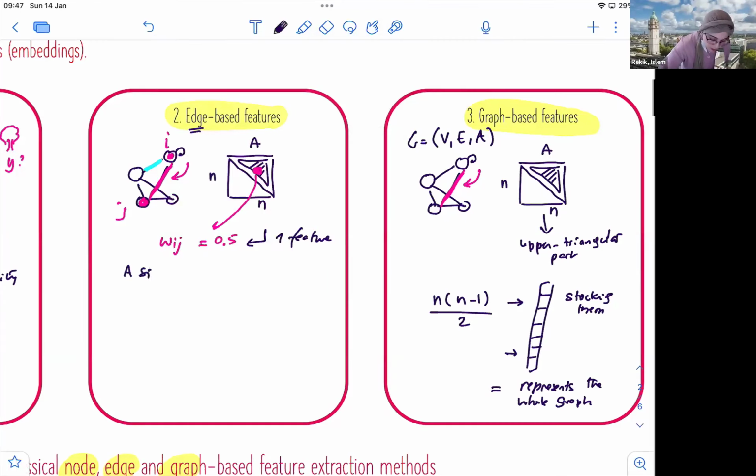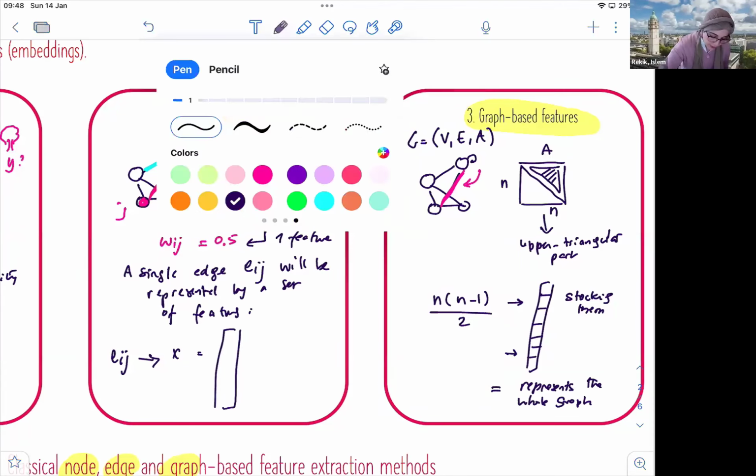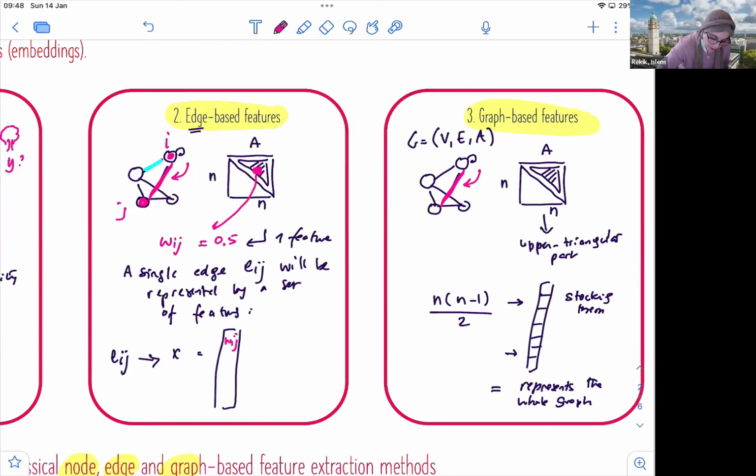A single edge, let's call it e_ij, will be represented by a set of features, a vector x, and in this vector x we can put the weight w_ij, and we need to define different features.